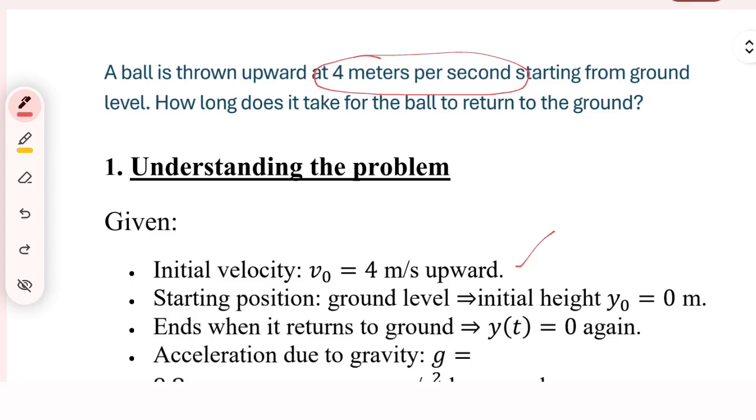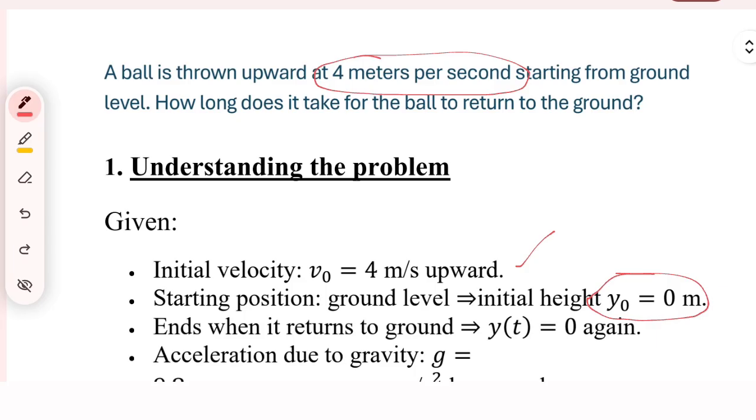The starting position is the ground level. That means the initial height is 0 because you start at the ground level. When it returns to the ground, the ball starts at the height of 0, it goes up, then it goes down.